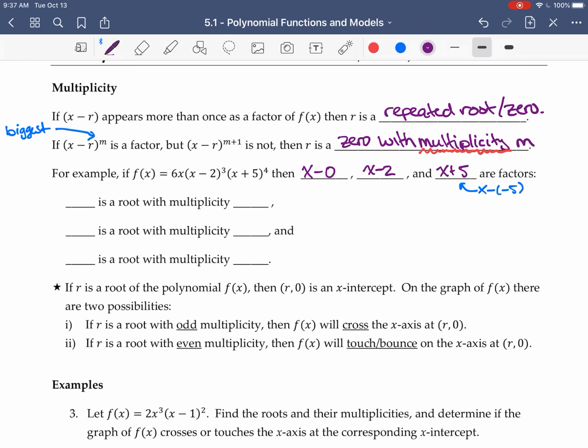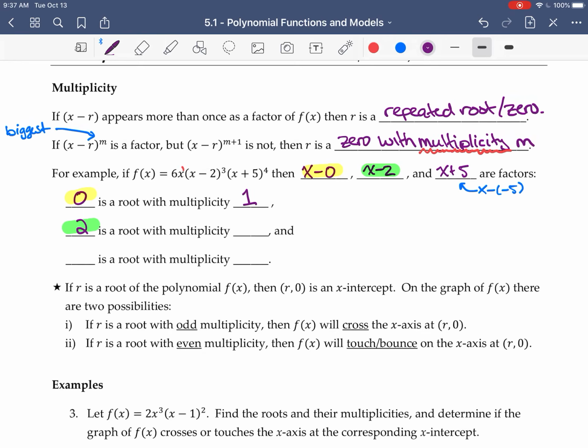So that means that 0 from the first one is a root. From that, 0 is a root, and it has multiplicity 1 because the power here is only 1 on that one. Now this next one comes from here, so what would make that 0 would be 2. So 2 is a root.